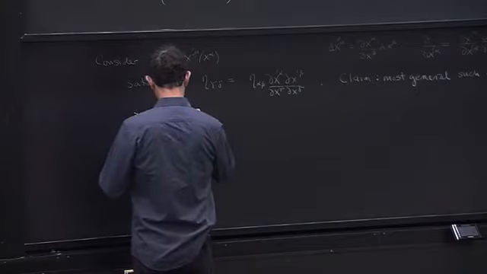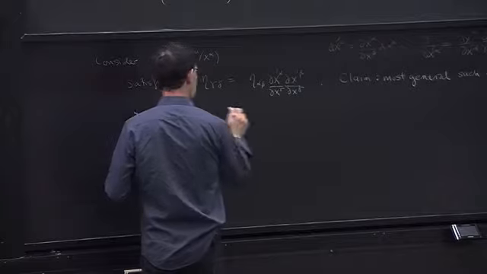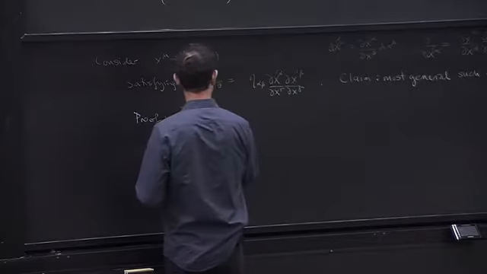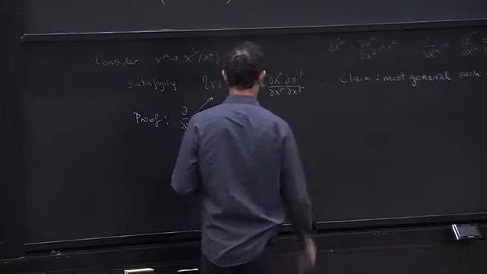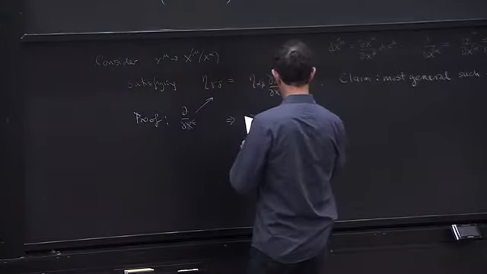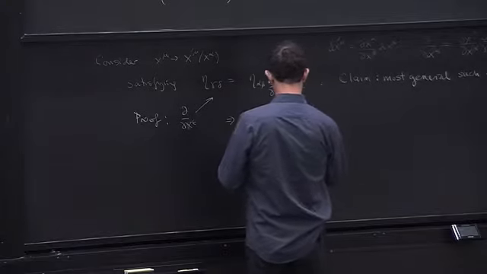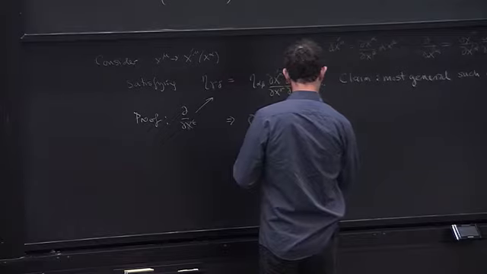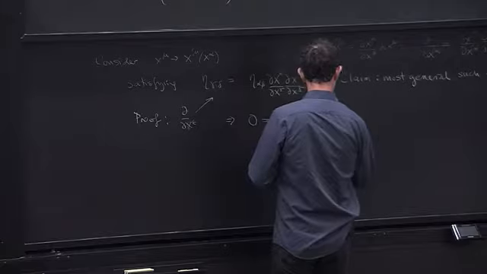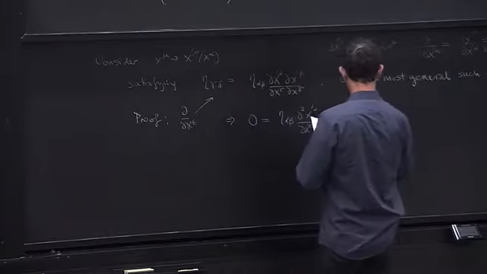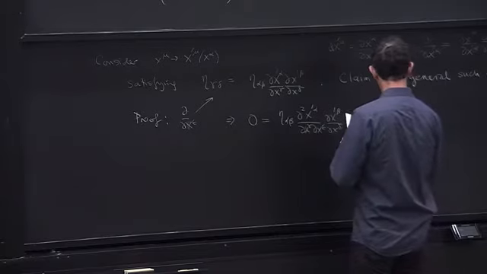So differentiate this, d by dx epsilon of this equation, and it gives us 0 equals eta alpha beta d2 x prime alpha dx gamma dx epsilon dx prime beta dx delta plus eta alpha beta, and I just have to differentiate the first term or the second term.